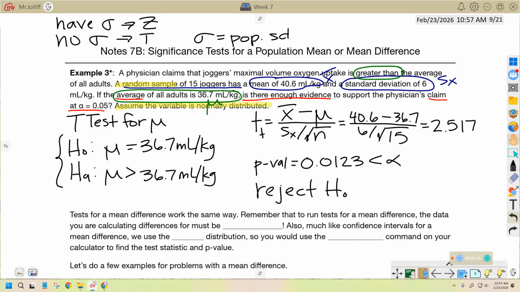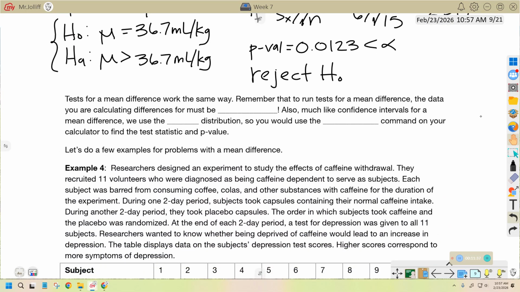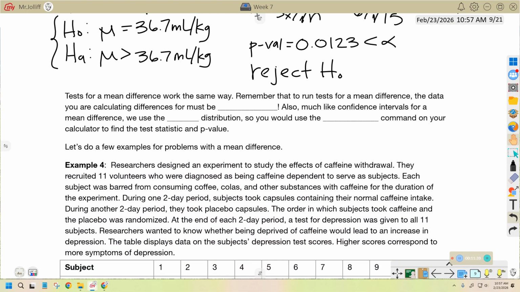Okay. So, the upside, tests for mean differences work exactly the same as tests for a single list of data. Just like for confidence intervals, the data has to be paired if I want to run it as a single test, meaning that those two data values that I am finding a difference for had to come from the same person or two identical people.